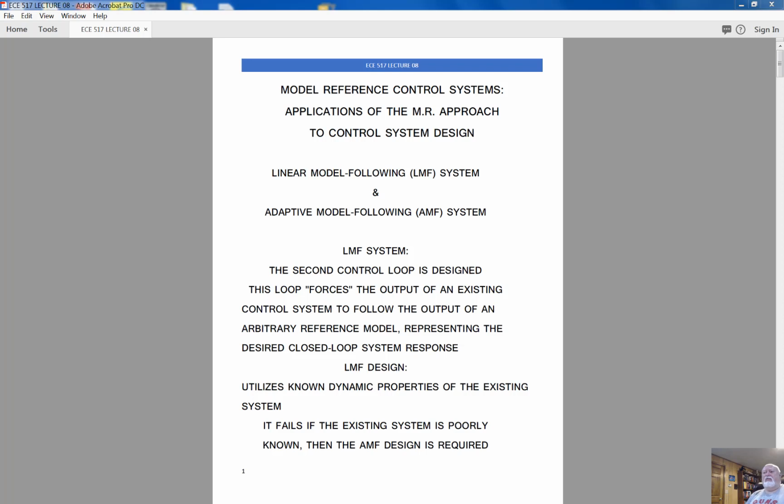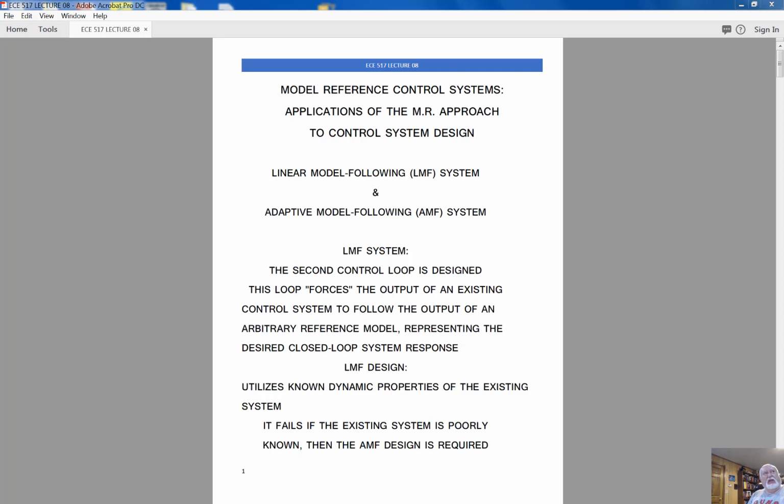What is this linear model following system about? Effectively, it is building a second control loop that would force the output of an existing negative feedback system to follow a special reference model.